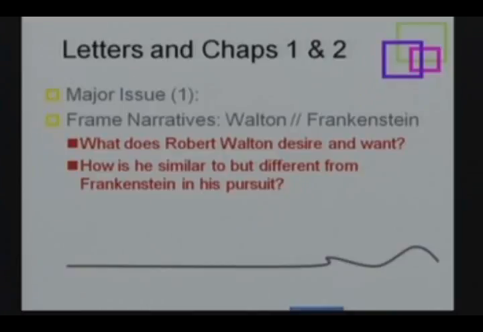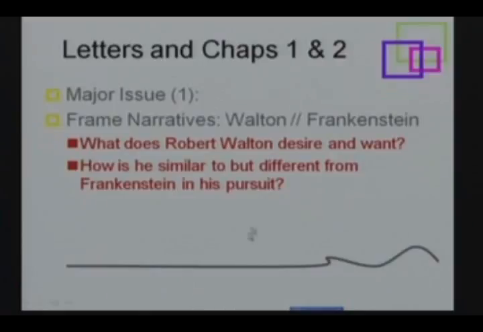But there should be other functions. In other words, if we compare Robert Walton with Frankenstein, I hope by now you have read chapters 1 and 2. Then you can compare Walton's ambition with Frankenstein's ambition expressed in chapters 1 and 2, and how they are different and similar.